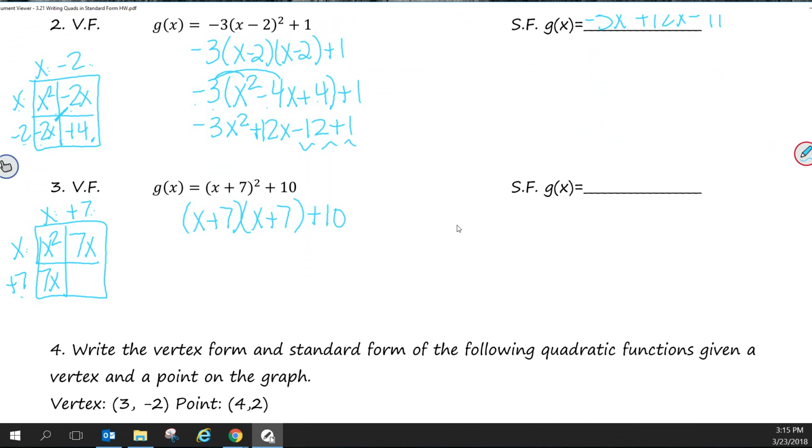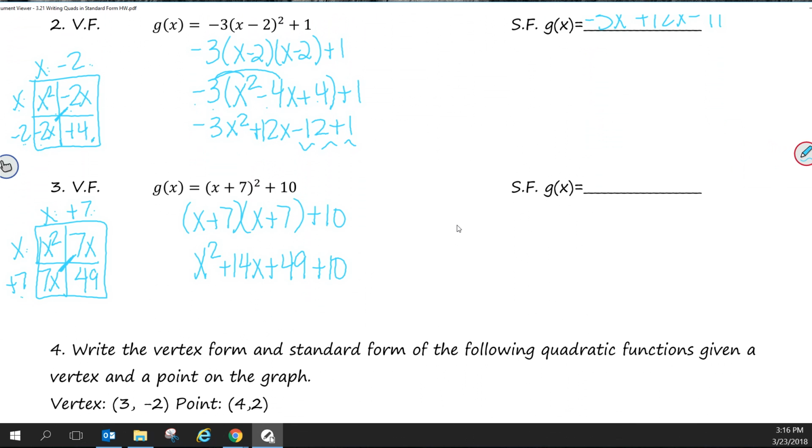And then finally 7 times 7 is 49. So this guy is really x^2 for my first term. 7x plus 7x along the diagonal would be 14x. And then plus 49. And then plus the 10 that we still have there.